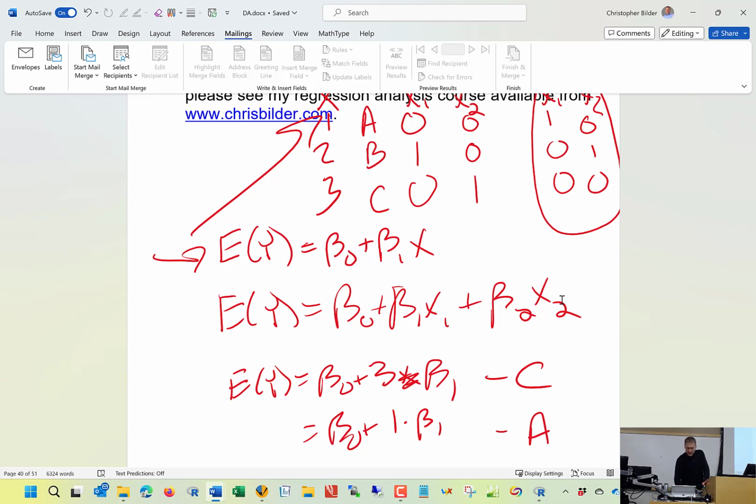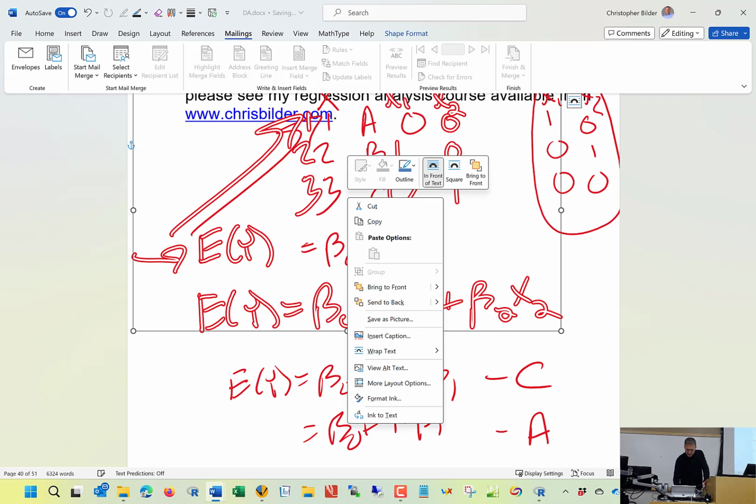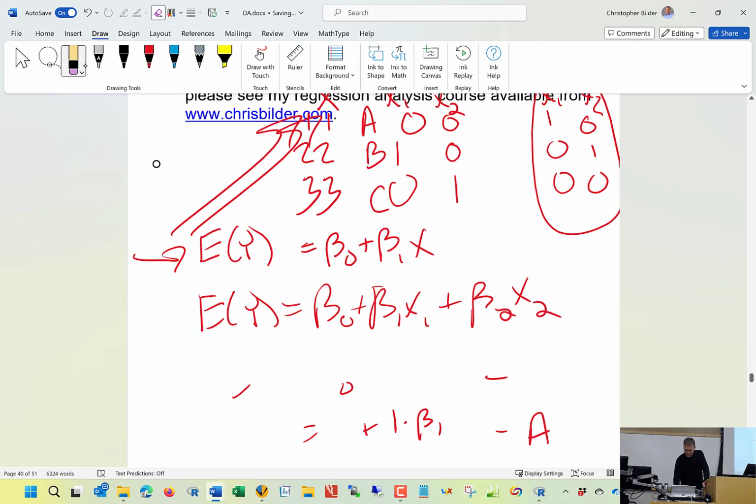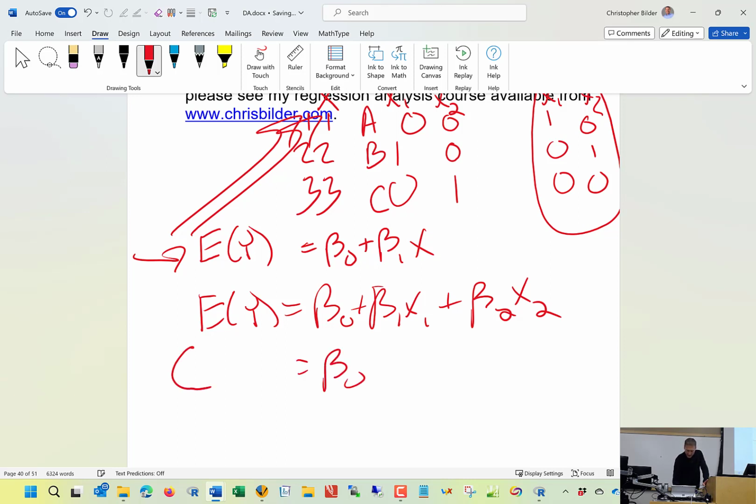Now, instead, let me do some erasing. Look what happens with using these indicator variables. For level C, my model is this; for level B, my model is this.